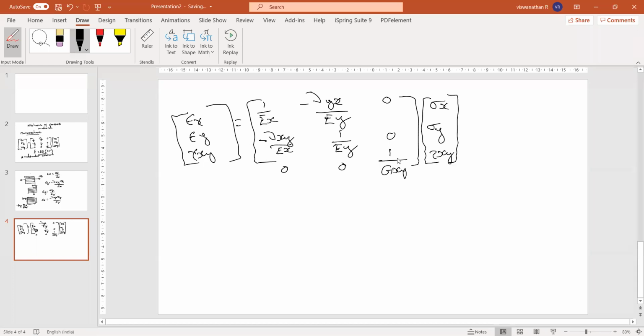This is the strain-stress relationship for the UD lamina.